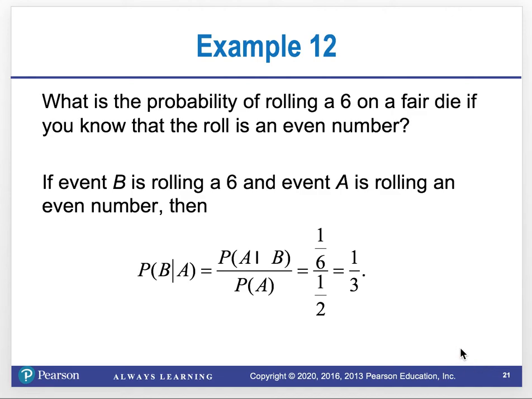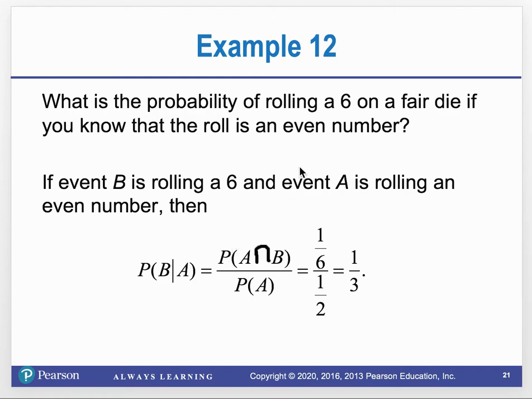Okay, let's see. So, for example, on this one, what's the probability of rolling a 6 on a fair die if you know that the roll is an even number? Okay, and so here they've explained it to you using the formula. Okay, but think about this.